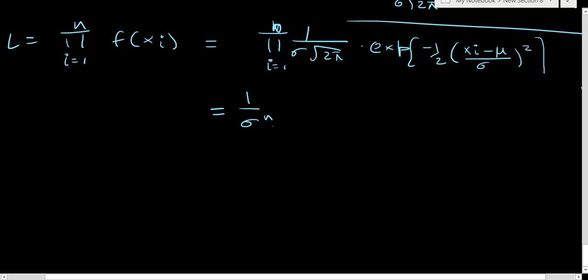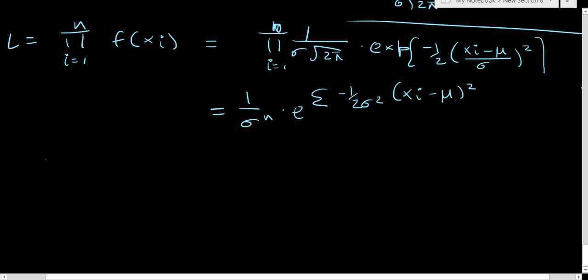Okay, so there are n of these multiplied, and I have got n such exponential terms. They are multiplied together, so all of their powers are added together, right? Like before. So this would be e to the power of summation minus half. Okay, I'll take the sigma outside, so that would be sigma squared, and inside I've got a xi minus mu whole square, right? So these are the two terms that I have now.